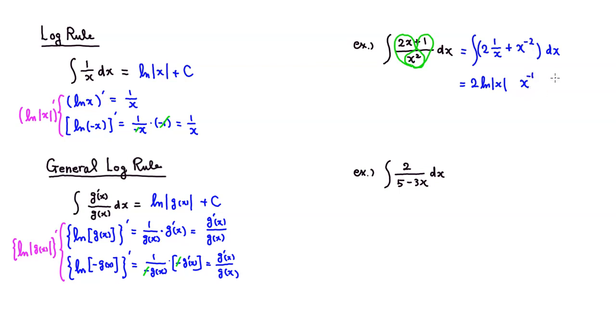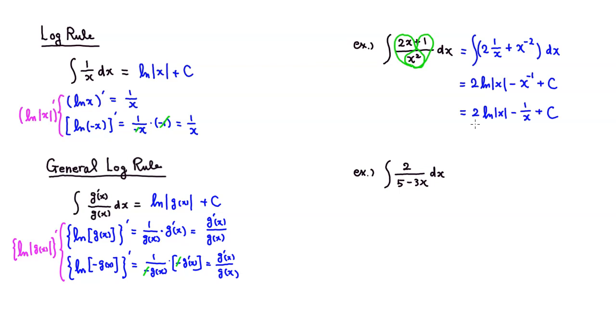Dividing by negative 1 is the same as multiplying by negative 1, so I'm just going to put the negative sign, plus some constant c. If you want, you can rewrite it as 2 natural log of the absolute value of x minus x to the negative 1, which is equivalent to 1 over x, plus some constant c. That's that.